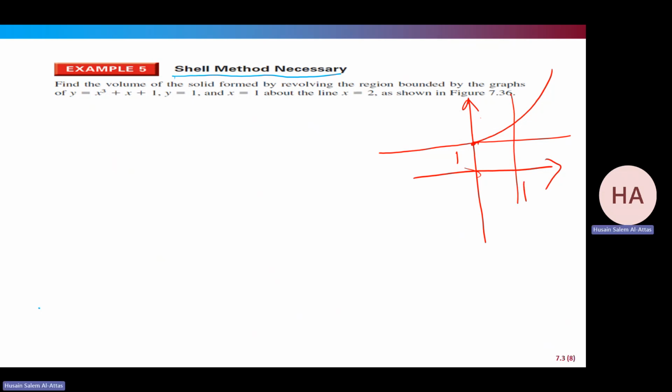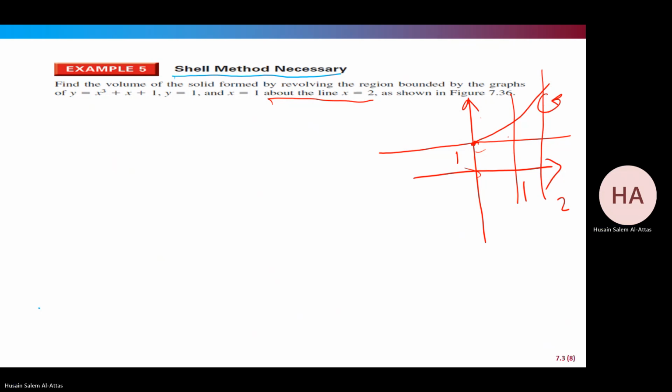So I'm talking about this region. And they want it to be about which line? The revolution is about this line, x equals 2. This is the axis of revolution, x equals 2.